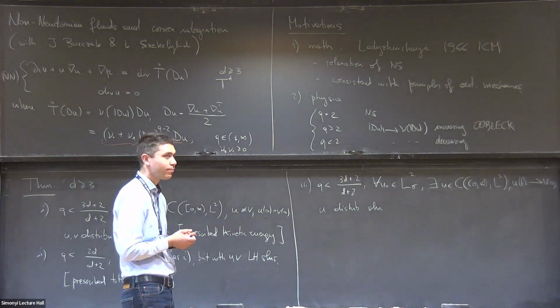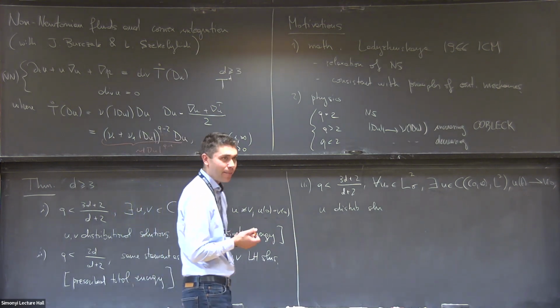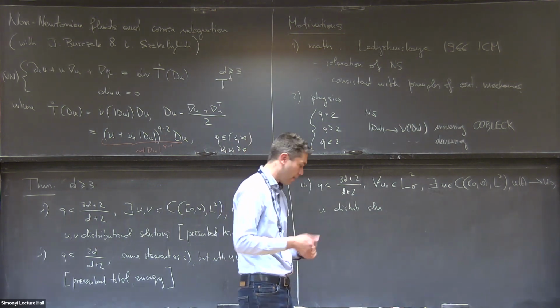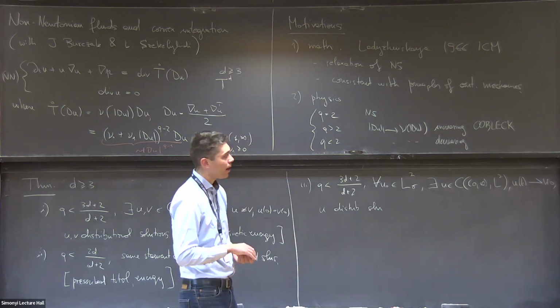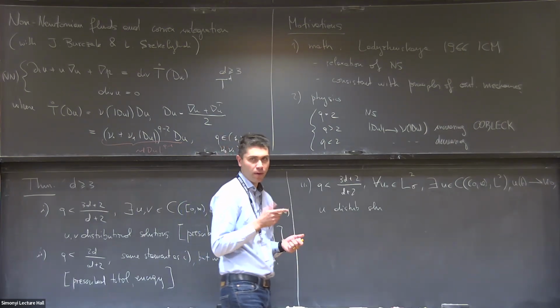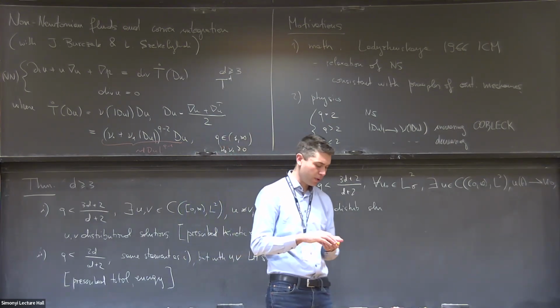Okay. Thank you. So what I would like to do now in the remaining half an hour is not really a proof of the results, because it wouldn't make sense.